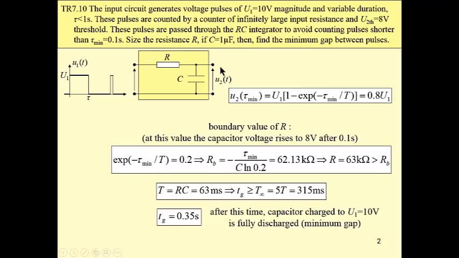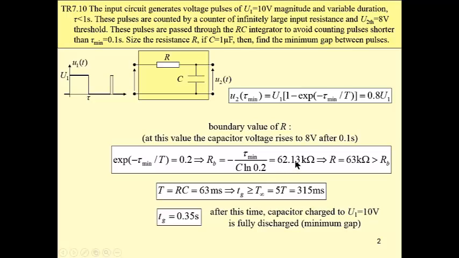This is the output of our integrator, an exponential rise, and we want this value of the exponential rise at this time instant. Then we may find the boundary value of R, which is 62.13.